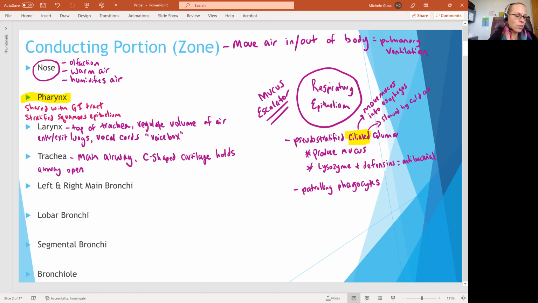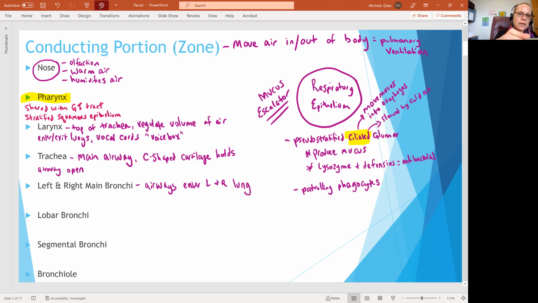The trachea then divides into the left and right main bronchi. And so these are the airways that enter the lung. And they enter the left and the right lung respectively.